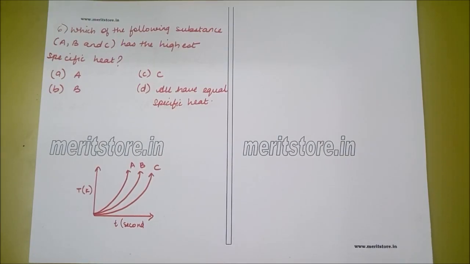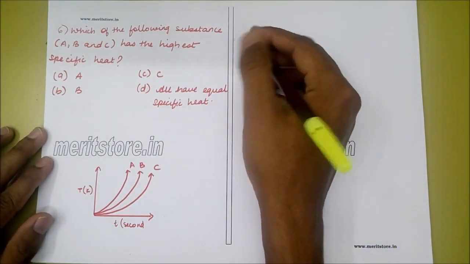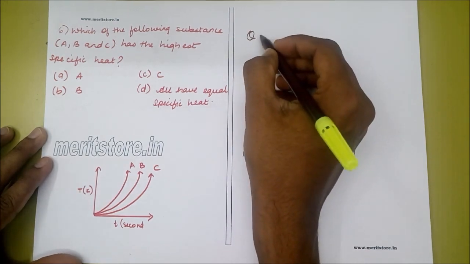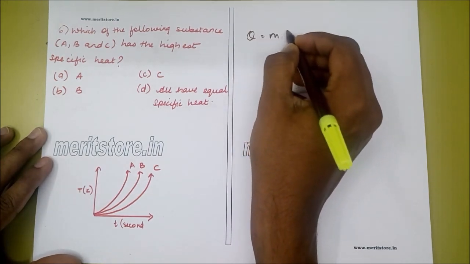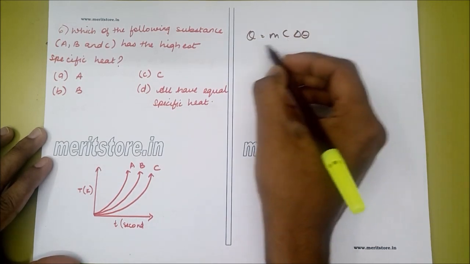Which of the following substances A, B and C has the highest specific heat? The options given are A, B, C, and all have equal specific heat. Now let's look at the formula for heat content. Q equals m c delta theta, where delta theta is the change in temperature.